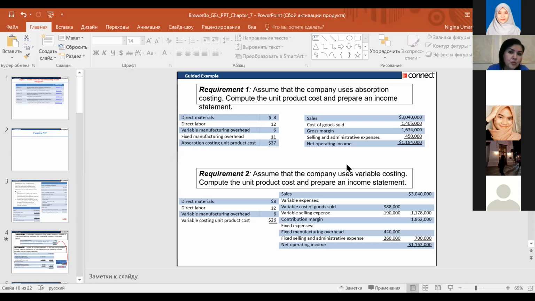Which one is more useful of the income statements, prepared under variable or absorption costing? What do you think? Fabrianti, Rachma, Salma, you're telling something.